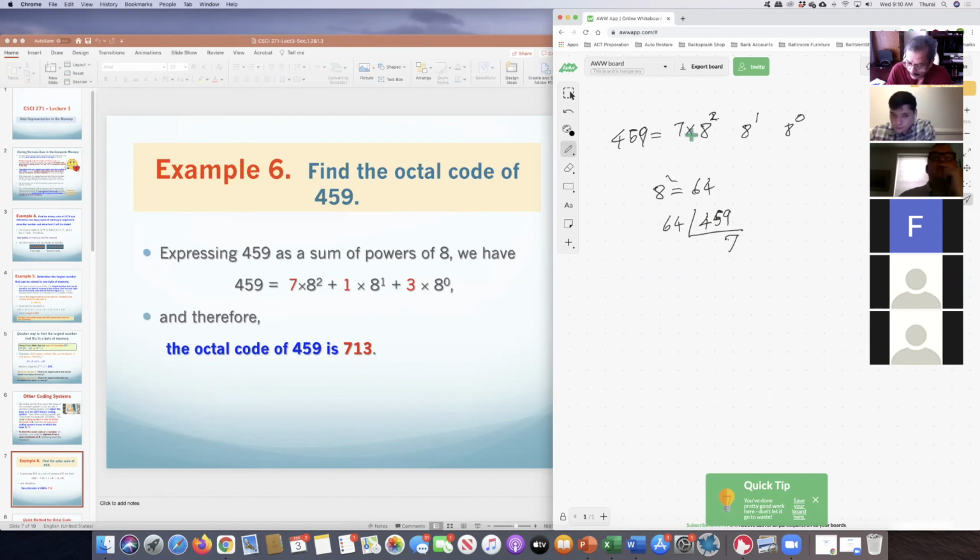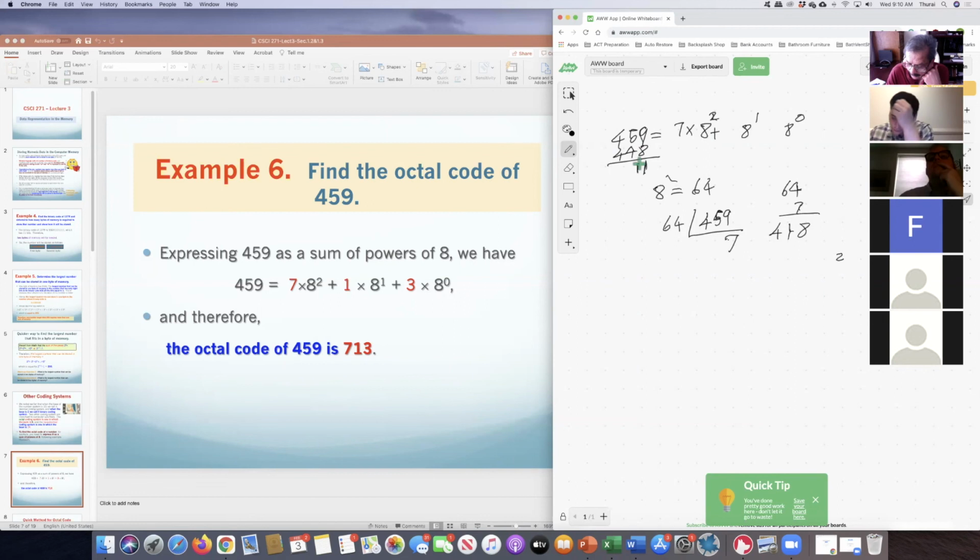Now, to find the rest of it, you have to find 7 times 64. So 64 times 7, you have to calculate that. That's 448. So take away 448 from 459. That gives you 11. Okay, so that means we can have 1 times 8 to the 1.